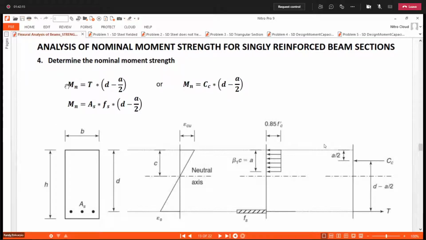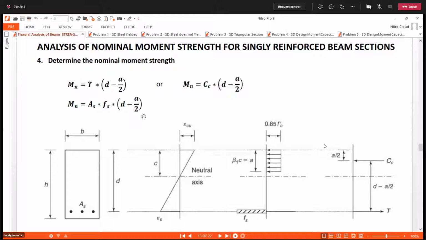Now, in the determination of the nominal strength, if you are going to determine it using yung tensile force reinforcement, ito yung titignan mo. Yung T force mo dito, i-moment mo with respect to C, at ang moment arm mo ay D minus A over 2. So, pag hindi nag-yield, ito ang magiging equation mo.